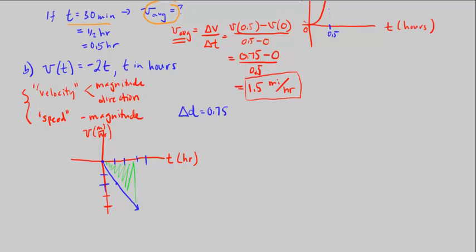So if at this point right here, let's say T sub H is the time he arrives home, then the area under the curve from 0 to T sub H is equal to the distance he travels in that time, right?